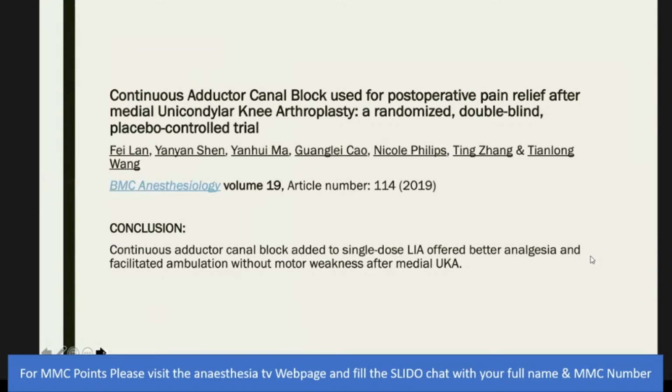They concluded adductor canal block added to single dose of local infiltration anesthesia offered better analgesia and facilitated ambulation without motor weakness after medial unicondylar knee arthroplasty.